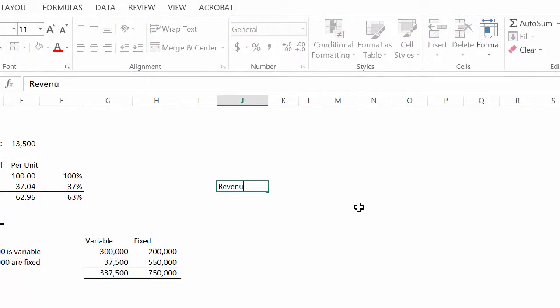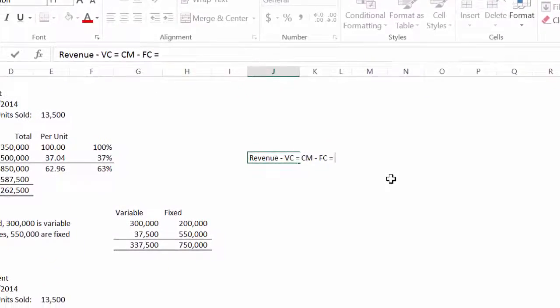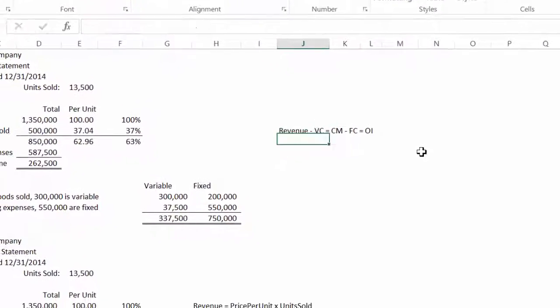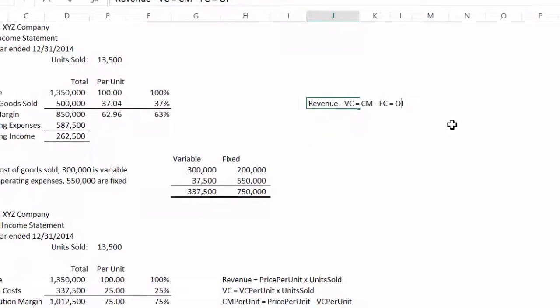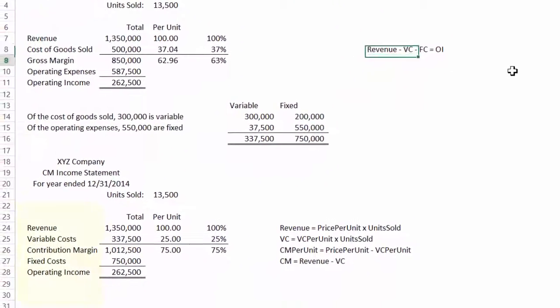We have revenue minus variable cost equals contribution margin minus fixed cost equals operating income. If I get rid of that middle equal sign, I have revenue minus variable cost minus fixed cost equals operating income, and that is exactly what you have on that contribution margin income statement.